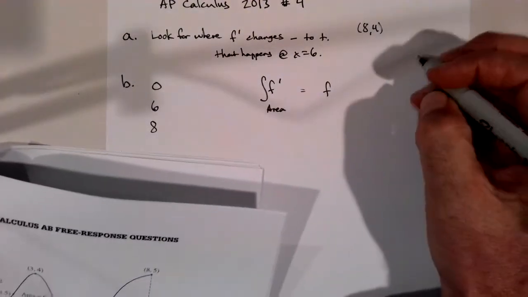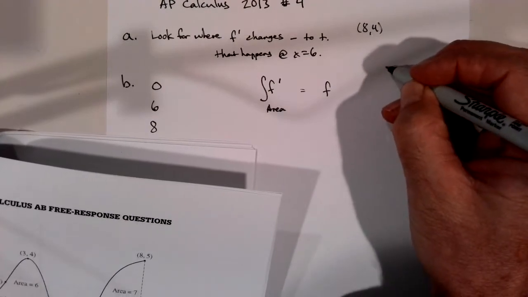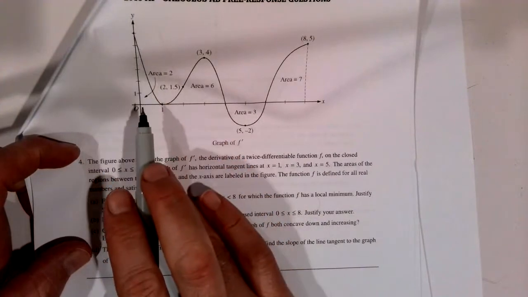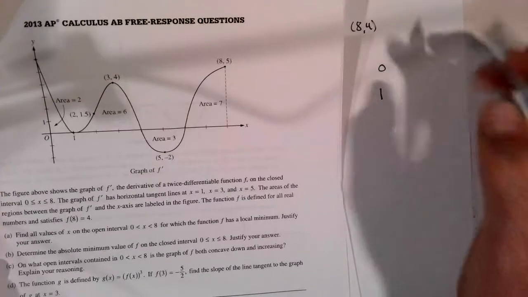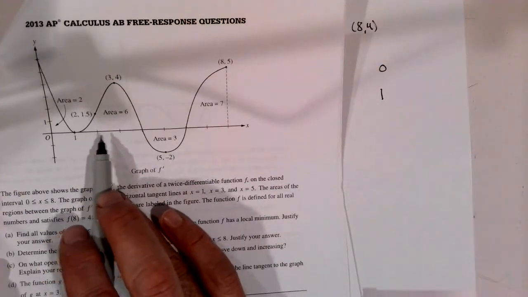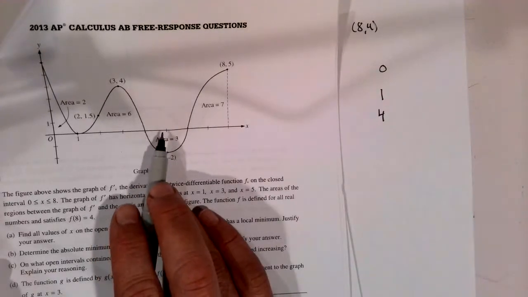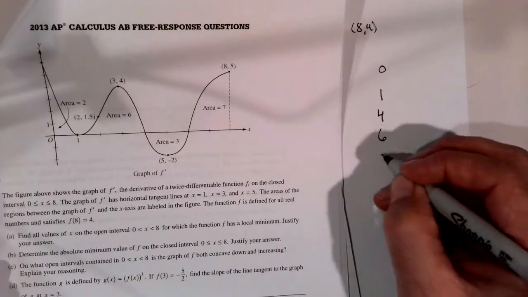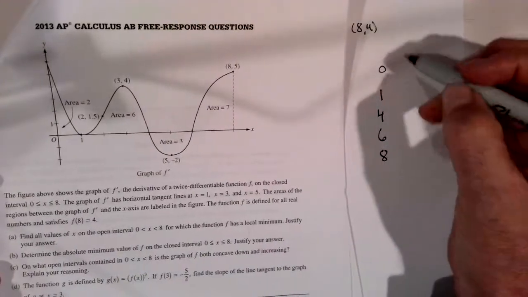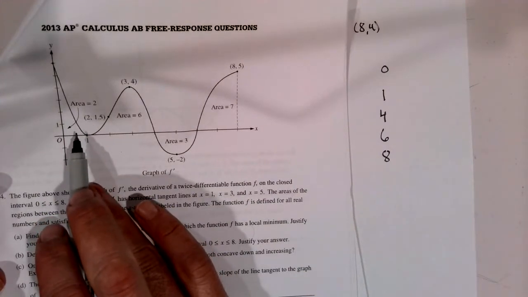So let's just pick a starting spot, using these points where I know my area. We're going to start at 0 and go to 1, then 2, 3, 4, then 5, 6, 7, 8. It looks like we gain 2 in area right there.